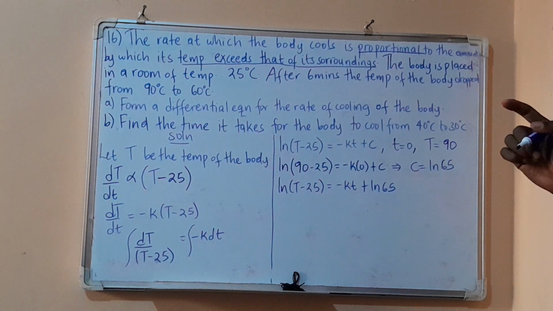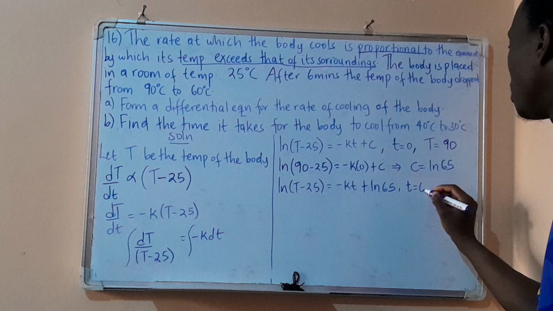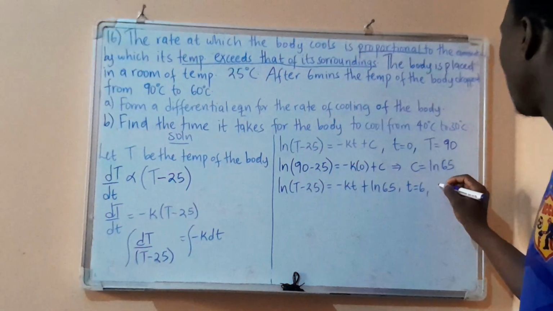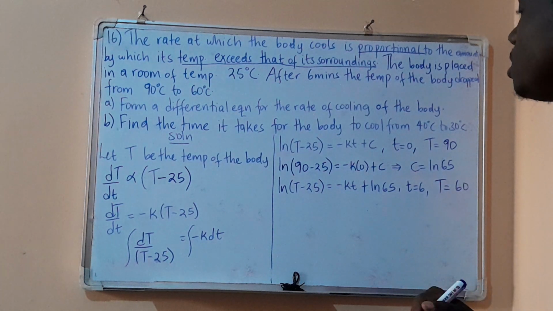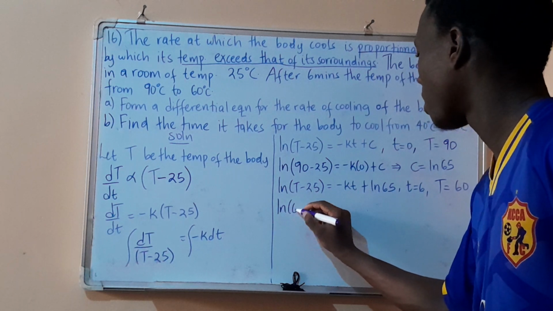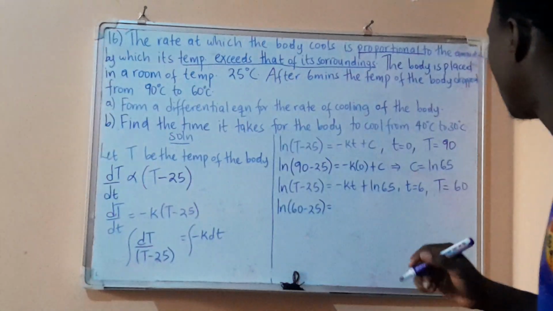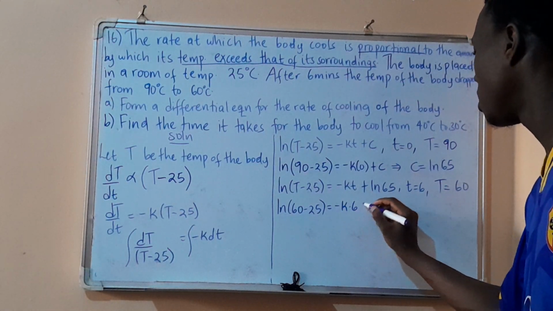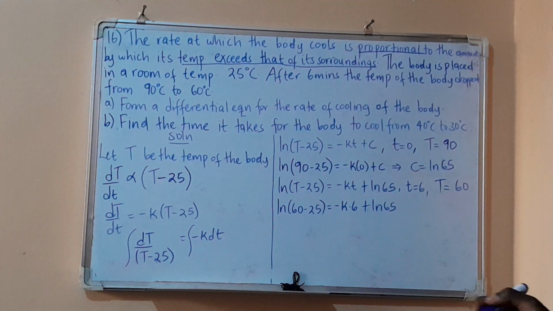After 6 minutes, when t is equal to 6, we have capital T as 60 degrees Celsius. So you substitute, we shall have natural logarithm of 60 minus 25 equal to negative k times 6 plus natural logarithm 65.